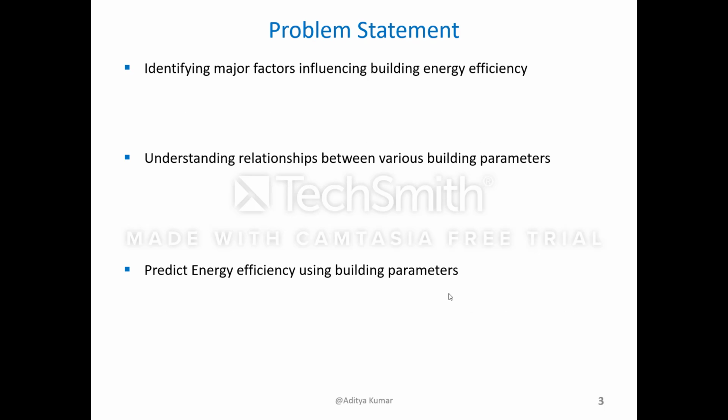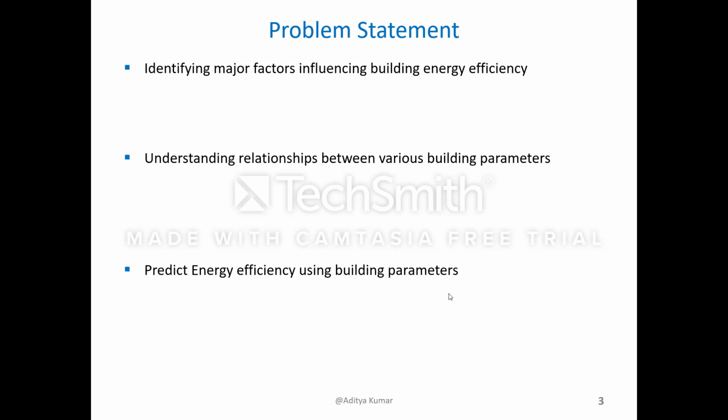So the problem statement is divided into three parts. The first part is identifying major factors that influence building energy efficiency. Is it dependent on a building's characteristics like its dimensions or the area, the year it was built in, its design?